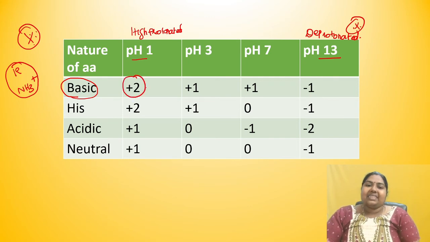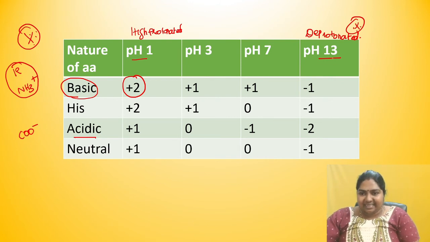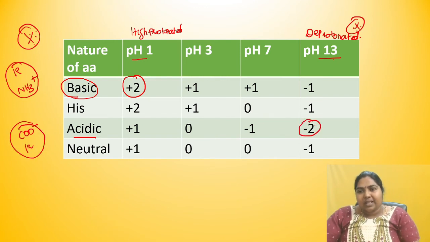The same way, the opposite happens in the acidic, isn't it? In acidic, it is mainly having the carboxylic group. Already one carboxylic group is deprotonated, and one more thing, it has an R group. So that is why it is -2 whenever I take a greater pH.